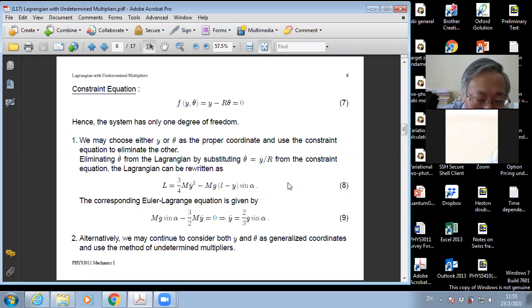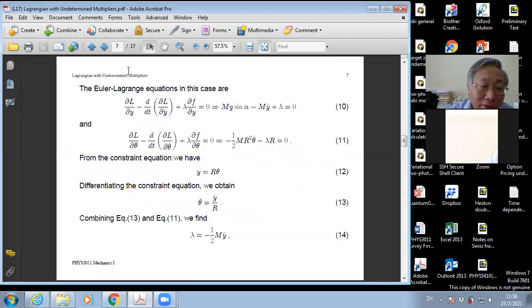alternatively, we may continue to consider both y and theta as independent generalized coordinates and apply the method of undetermined multipliers. How? So we add this extra term. Lambda is the undetermined multiplier.